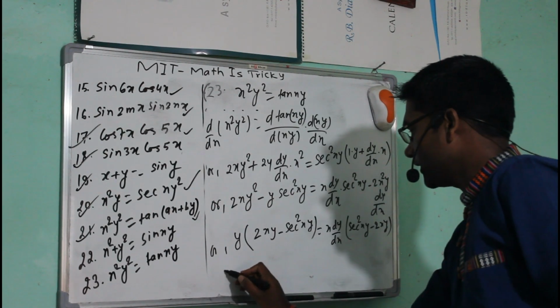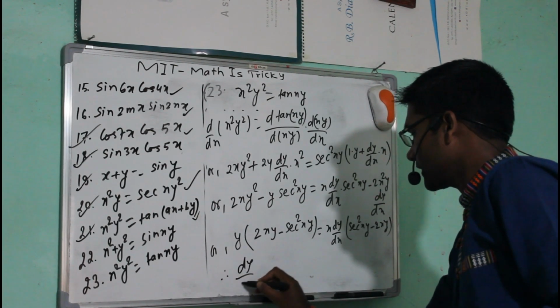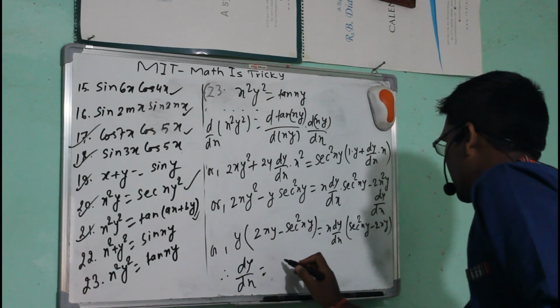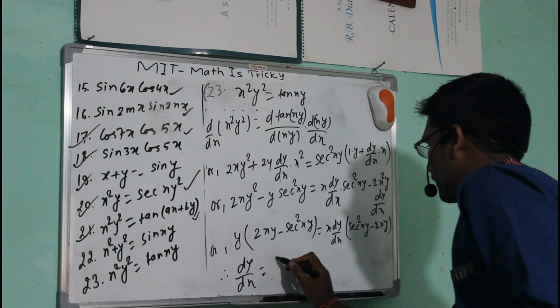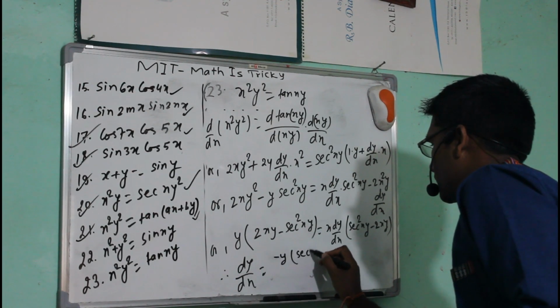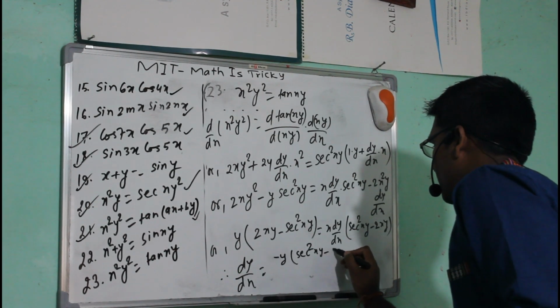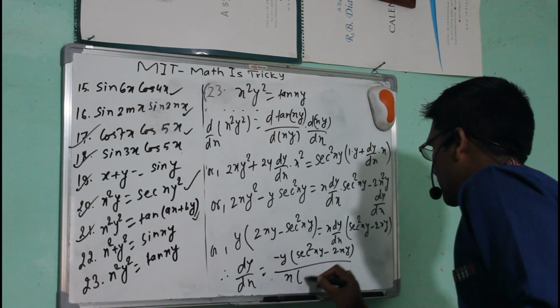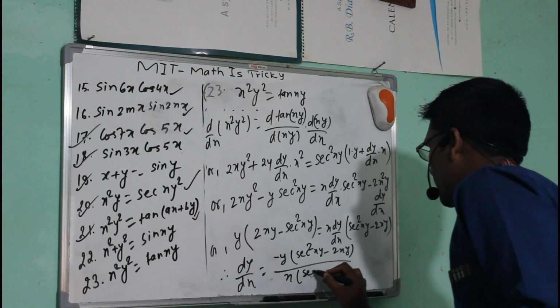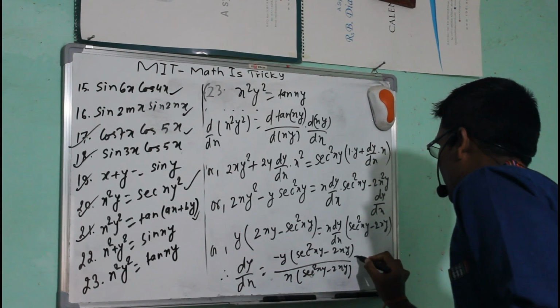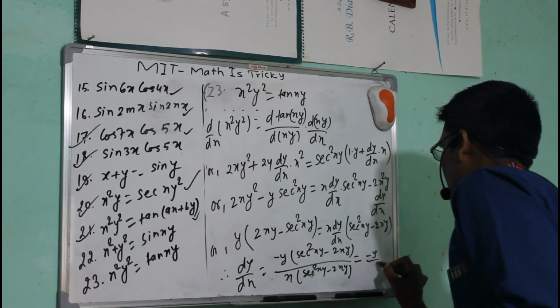Now therefore dy by dx equals simply, let's take minus common, minus y, so sec square xy minus 2xy by x, and then it is sec square xy minus 2xy, so the answer is minus y by x.